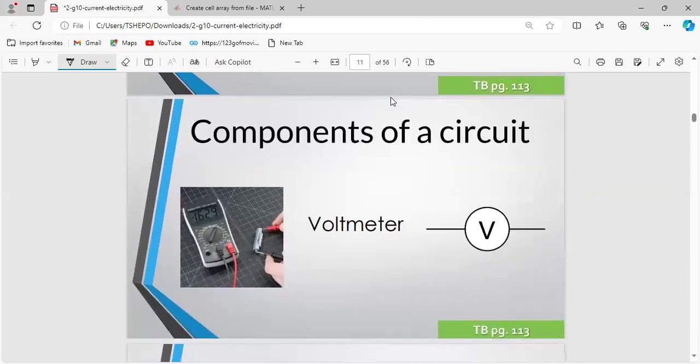Another component of a circuit is the voltmeter. Don't confuse these terms, and I'll explain what the voltmeter does.